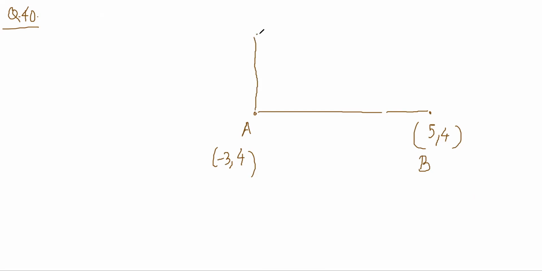This will be C, this will be D, and I don't know this height, but I know what the x coordinates will be, right? So now this is my rectangle, and area of rectangle is being asked. One of the diameters of the circle circumscribing this rectangle. So there is a circle circumscribing this rectangle.